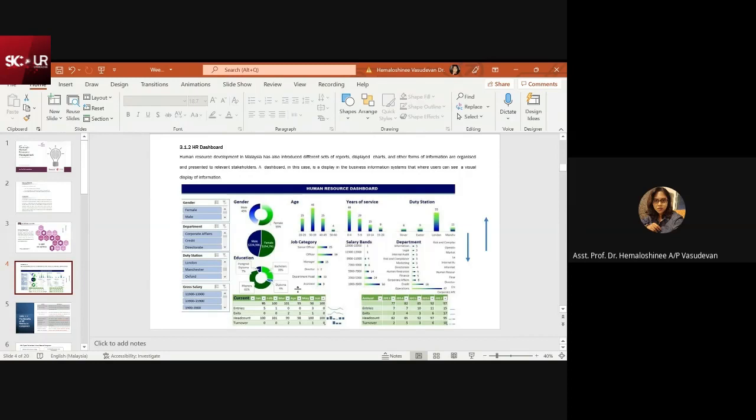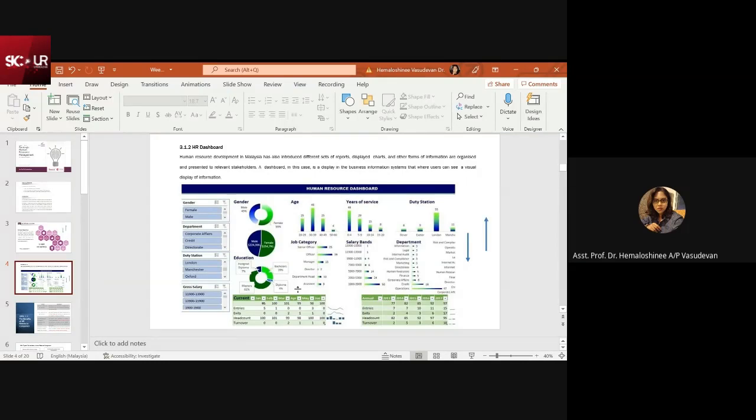You can only see your profile. HR can see overall employees and companies. So when the management asks them to print out the reports, they will print them out for HR purposes only.